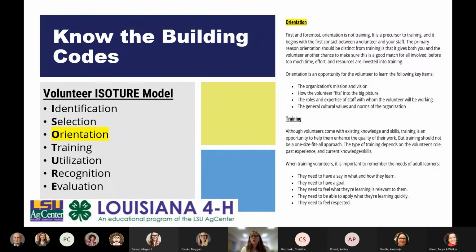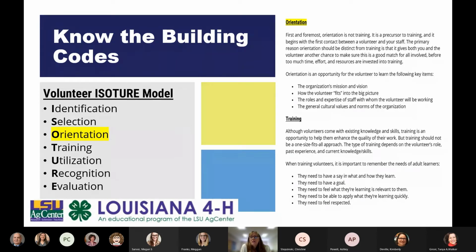The reason I wanted to put this slide up is that I wanted to put orientation and training right next to each other, because a lot of times we can think, well, that's the same thing, or that they're so very similar, why are they two separate sections?